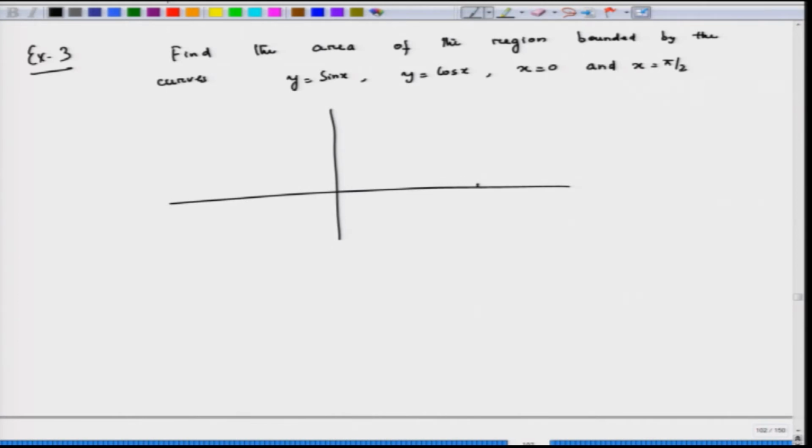For 0 to pi by 2, x equal to 0 is this and x equal to pi by 2 is this; we have got two straight lines. Then sin x, let us take 1, sin x is something like this, and cos x is like this.